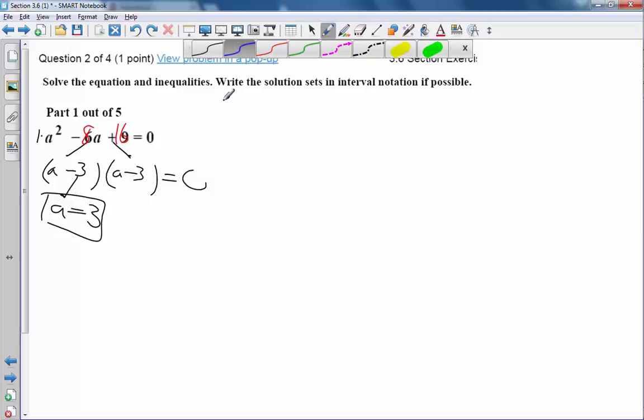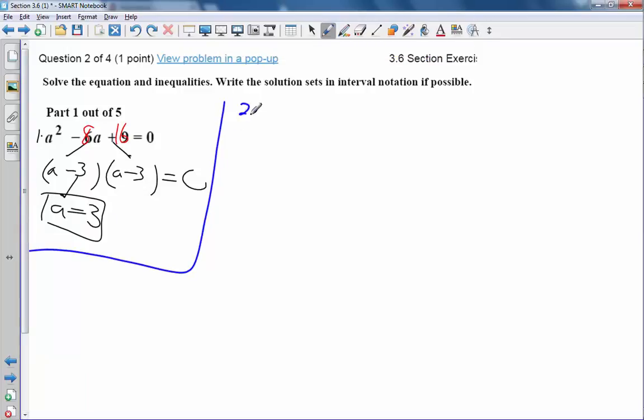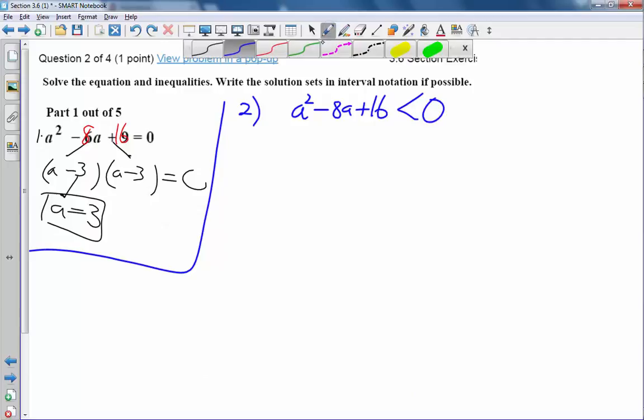Alright, part 2. You have a squared minus 8a plus 16 less than 0. Okay, there are two ways you can solve this question. I will first do the ordinary way I did in question 1. You first treat this as a 0, set it equal to 0, right?